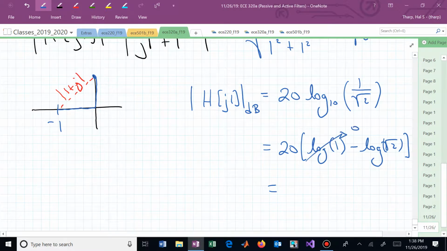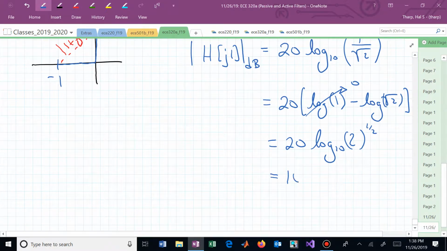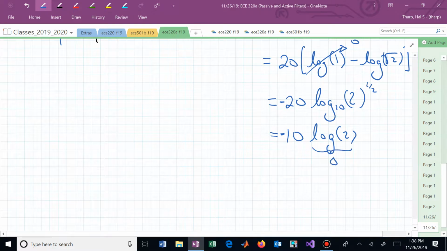This is 0, and this one we can clean up a little bit if we say that's now 2 to the 1/2. Or that's now 10, and I forgot my minus sign. That's minus 10 log of 2. Log of 2 is 0.3, right? With your calculator. So this is now minus 3 dB.